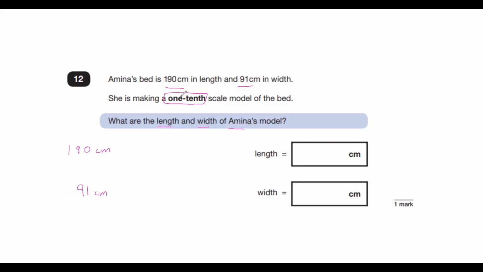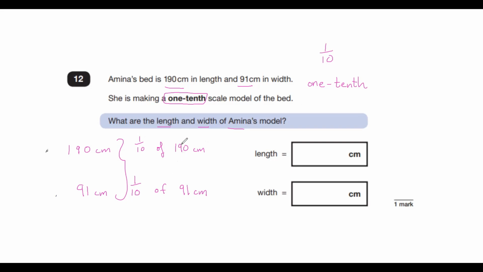Well, it's going to be 1/10 smaller. So really we have to get 1/10 of 190 centimeters and 1/10 of 91 centimeters. And to get 1/10 of any number, you just divide by 10.